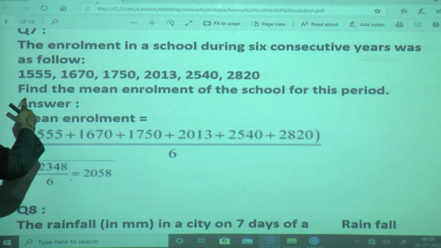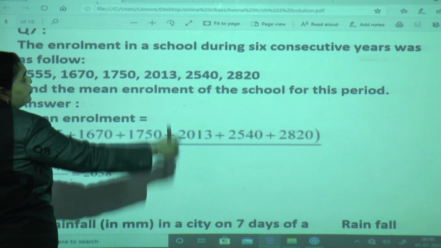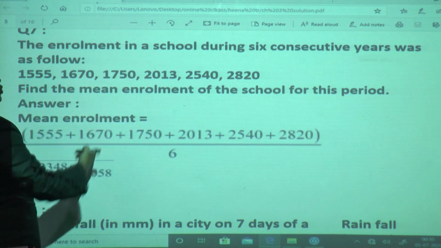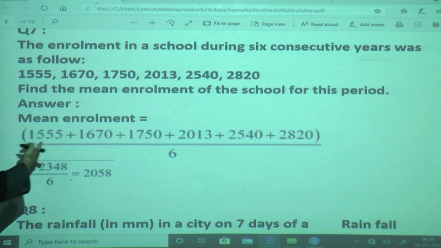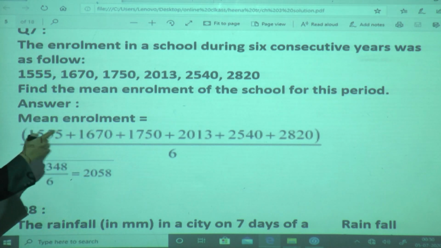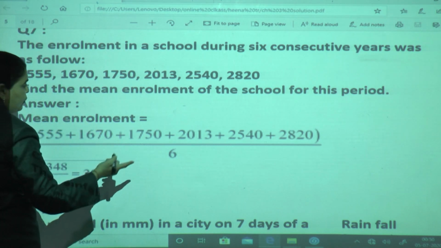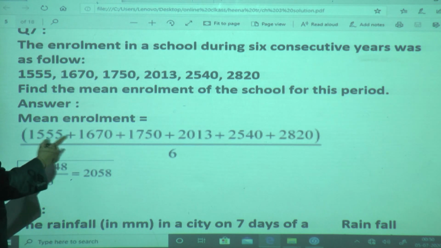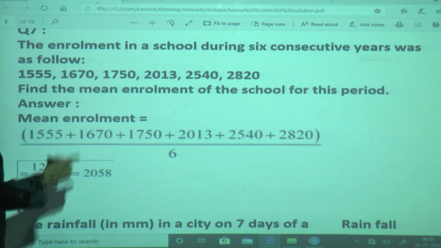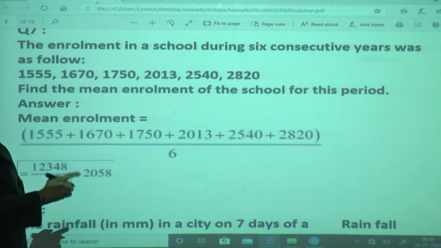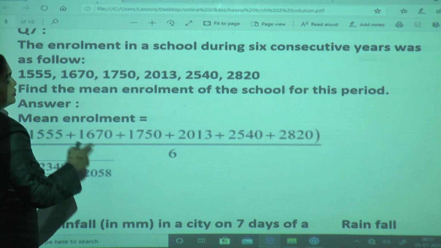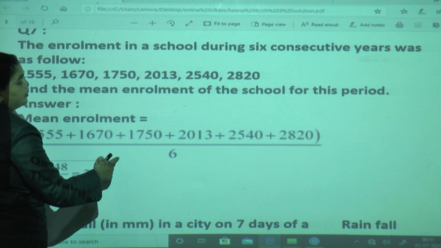So the first question is, find the mean enrollment of the school for this period, which is 6 consecutive years. So mean enrollment, or you can write arithmetic mean, or in short AM, capital A and capital M, is equal to, first always you have to write the formula, that is sum of the observations upon number of observations.